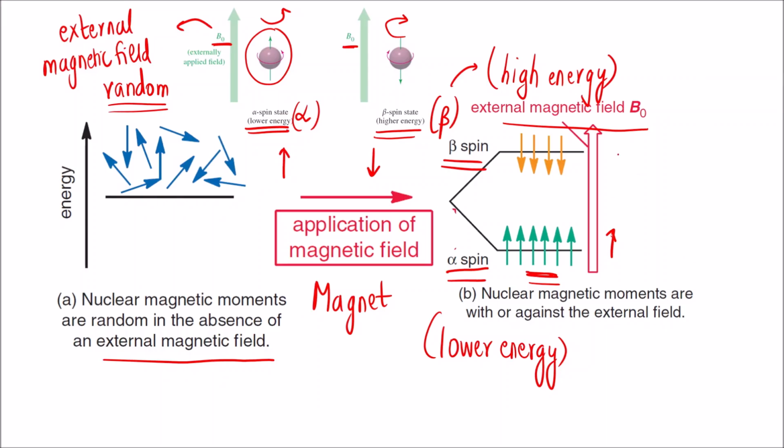And the energy between them is given by this formula, we'll discuss in a moment. So basically, whenever you place any nuclei in the presence of a magnetic field, it will form two energy states, two spin states, either alpha or beta.